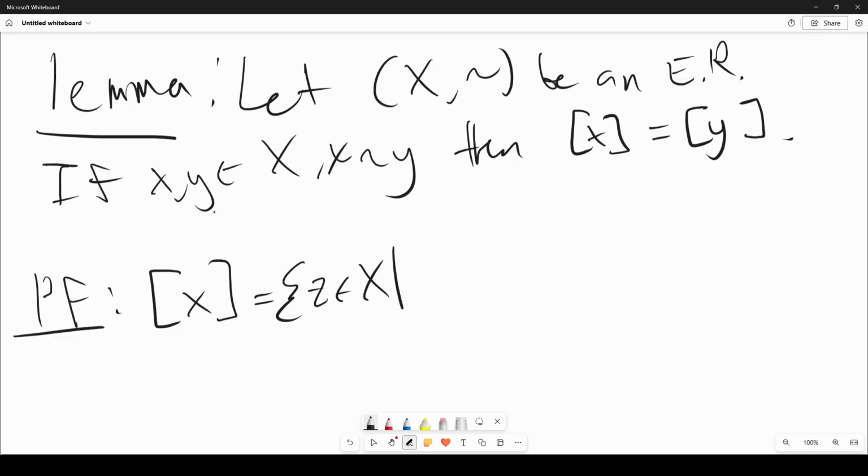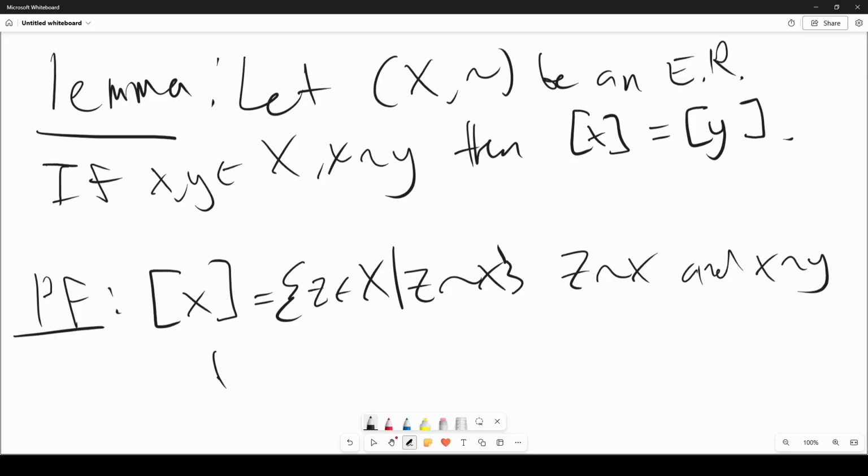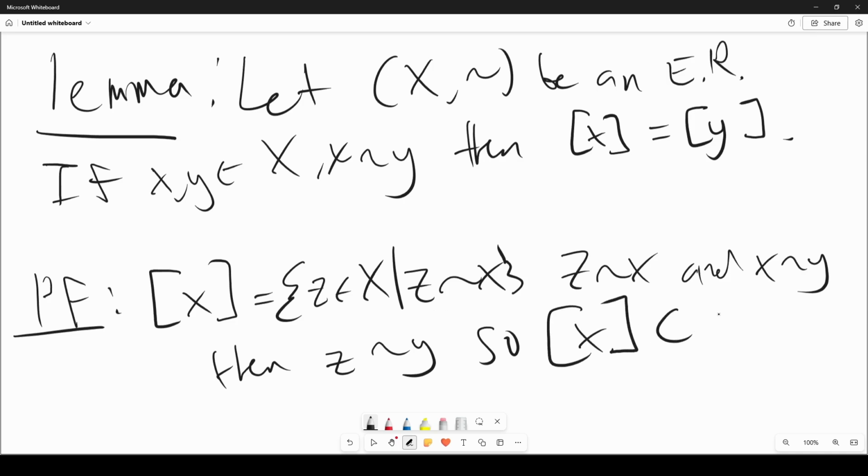I didn't use y because we already have y defined. But by our transitivity property, if z is equivalent to x and x is equivalent to y, then z is equivalent to y. So all those z in here are not only equivalent to x, they're also equivalent to y. So the equivalence class of x is actually a subset of the equivalence class of y.